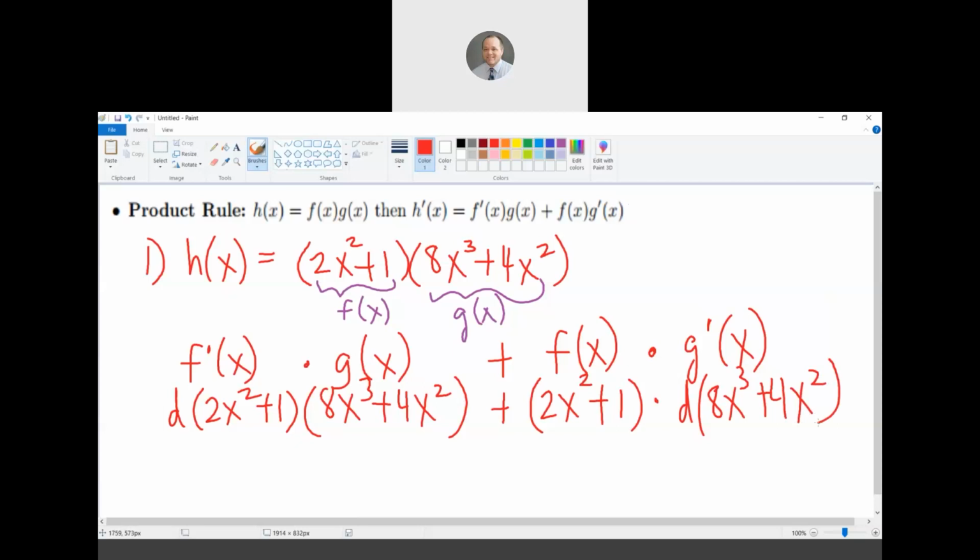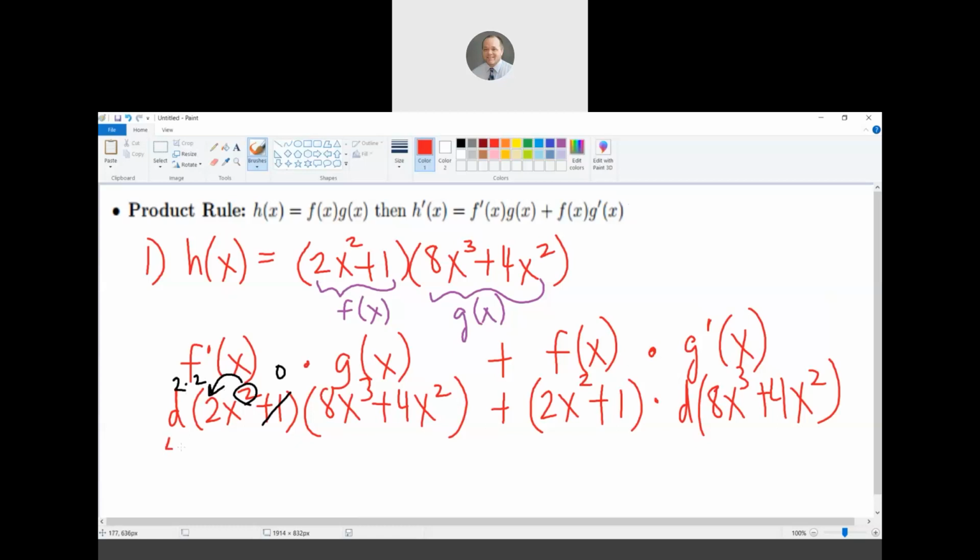Now, back to the front of the problem, the derivative of 1 is a constant, so according to our constant rule, the derivative of 1 is 0. The derivative of 2x squared, to find it, you just use the power rule for derivatives by moving your original exponent to the front and multiplying it by the 2 that's already there.